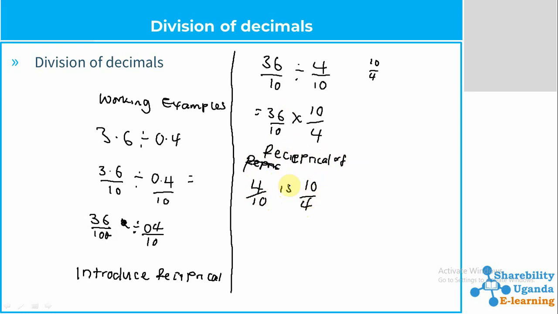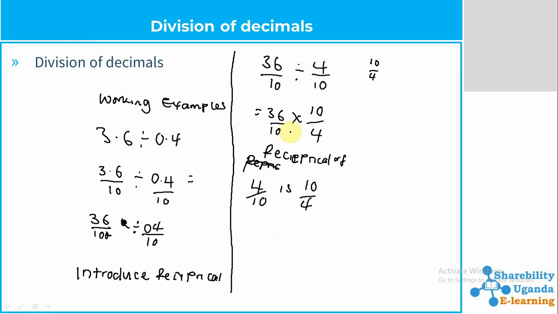So as we get the reciprocal of our number here, the sign, which was the division, should change to a multiplication. Is it right? So now when it changes to a multiplication, we can solve it very well.